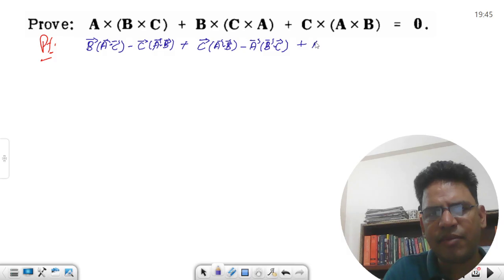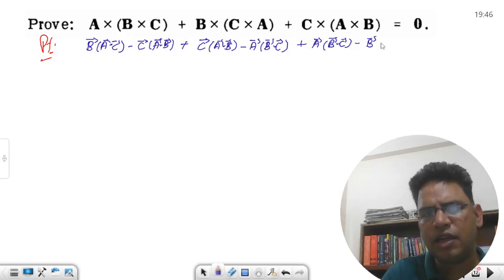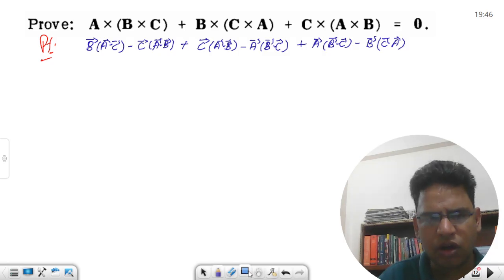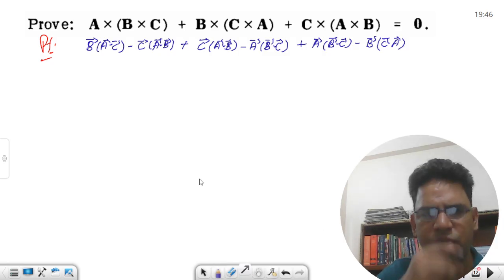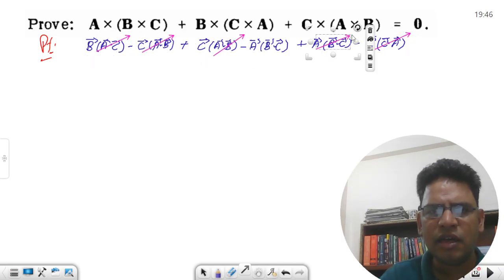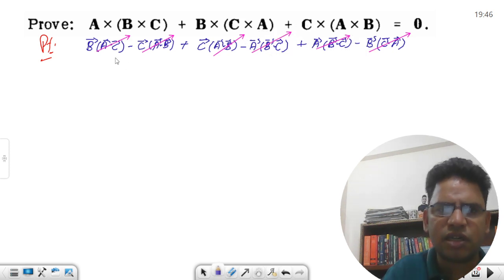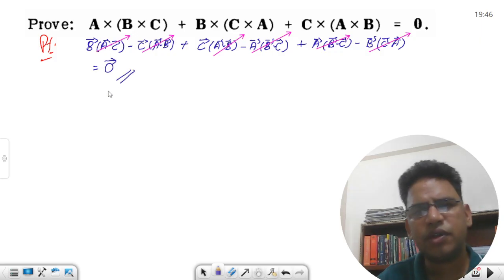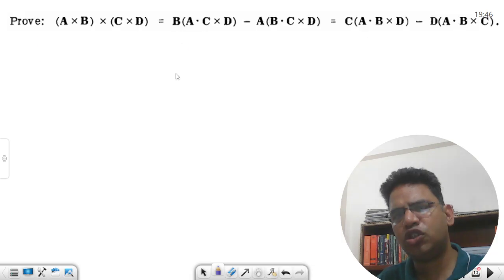From this I am going to write a vector again b dot c minus b vector, it is going to be written as c dot a, and I think all of these terms they cancel out and you get zero answer, okay. b के साथ एक पॉजिटिव है a dot c, c dot a एक ही बात है, c वेक्टर के साथ a dot b कट गया, a वेक्टर के साथ a कट गया, this is zero vector, खत्म, okay, this is going to be zero vector, nothing much to worry about it, okay.